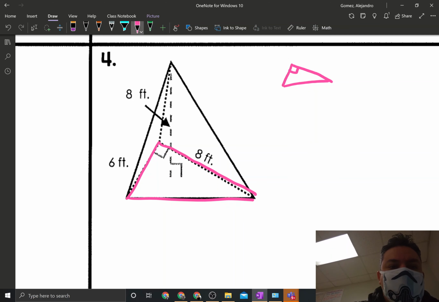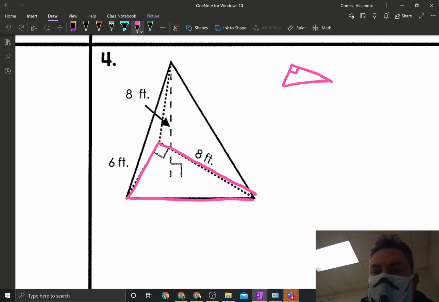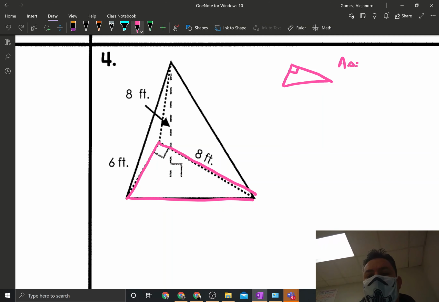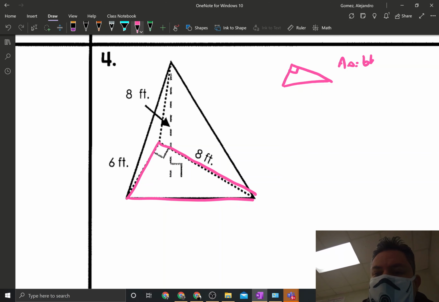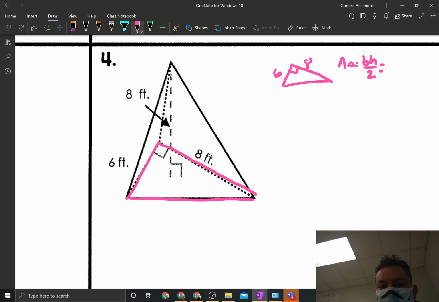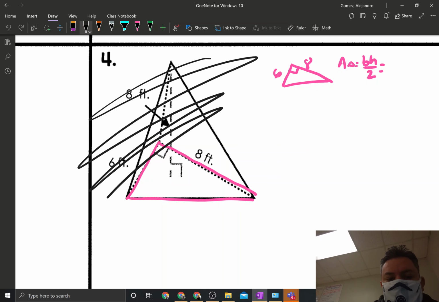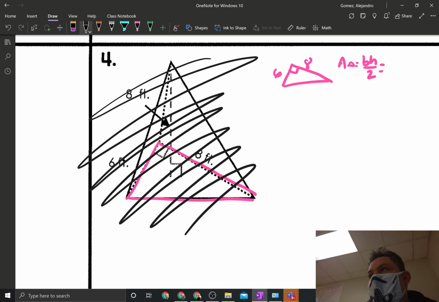So I draw my triangle. I'm going to find the area for it. My formula for a triangle is base times height divided by 2. I'm going to label this. This is 6 and this is 8. Those are feet, right? So again, remember, I drew this on the side. I don't care about this right now. Do not focus on that.